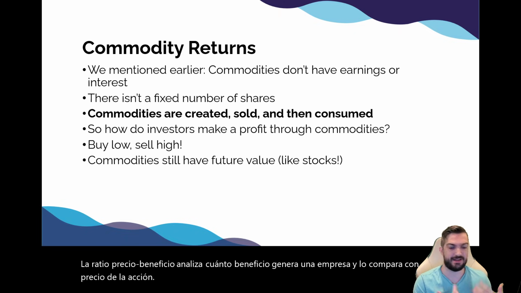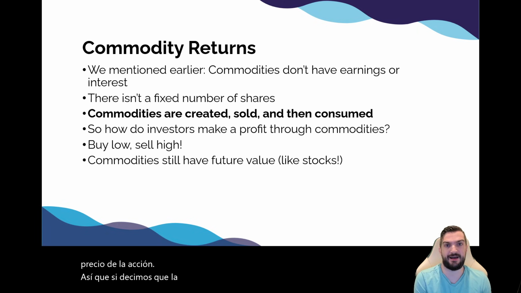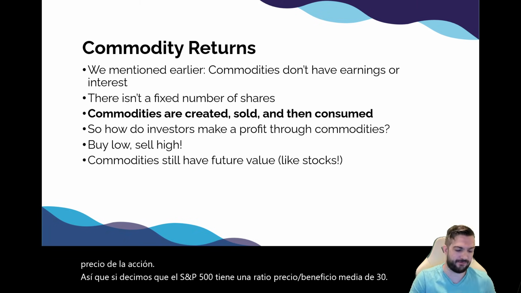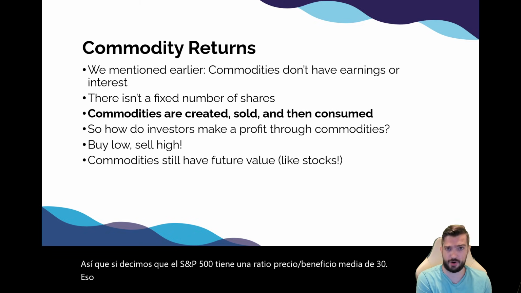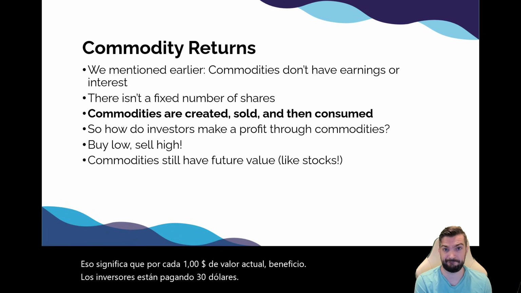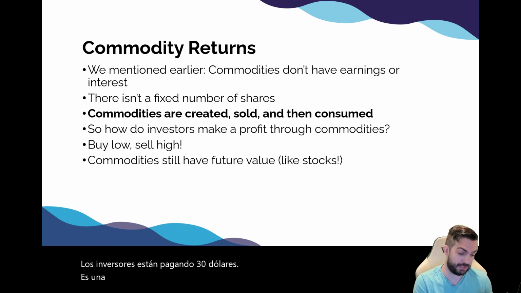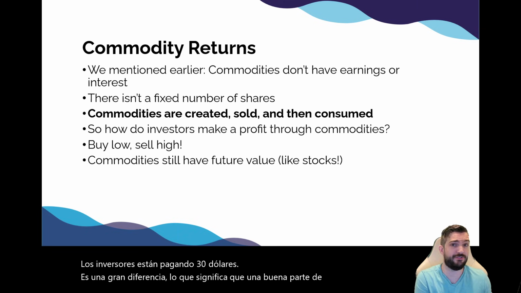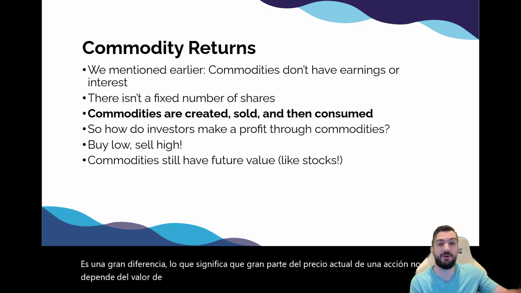So if we say that the S&P 500 has, on average, a price to earnings ratio of 30, what that means is for every $1 of current value profit, investors are paying $30. That's a big difference, which means that a good part of a stock's current price is not based on what the company is worth today. It's based on what it could be worth in the future.